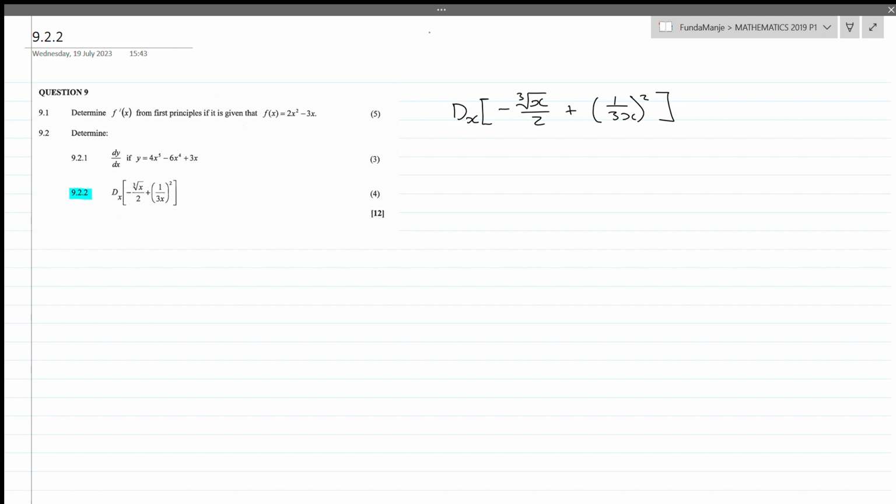So we'll keep this instruction up until we fulfill the request. And we cannot do that right now, because in order for us to use the quick method of finding the derivative, we need to ensure that x is not a denominator, and also that x has a power that is clearly visible.